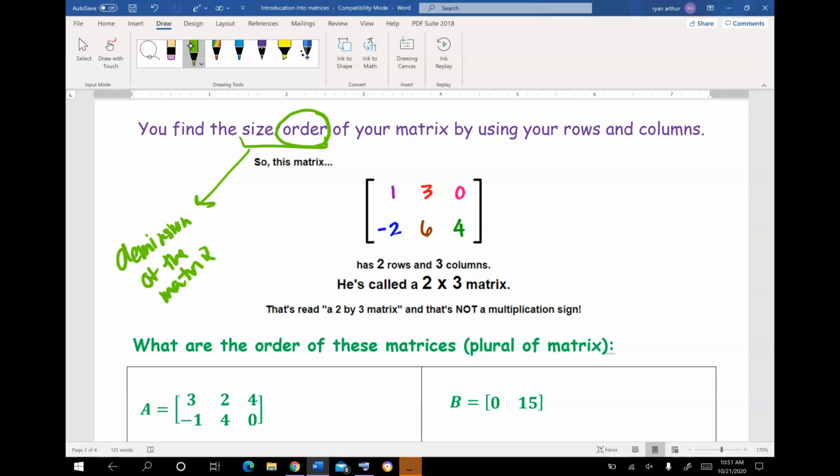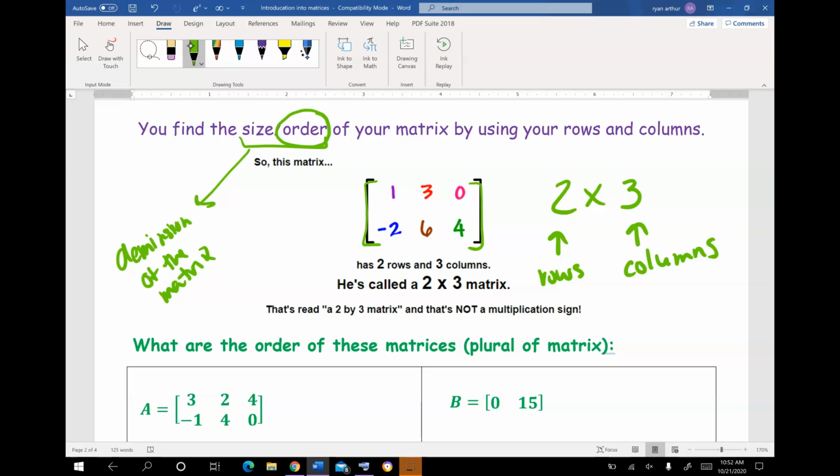So if you look at this matrix right here, I want to know the order of it. And we would say it's a 2 by 3 because it is rows by columns. And it's read 2 by 3 because that's not a multiplication sign. That is just 2 by 3. Like, you know, you get a piece of wood 4 by 4. That's how it's written. Same thing with matrix.